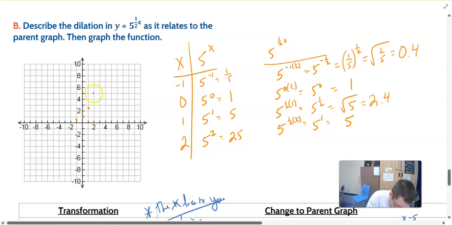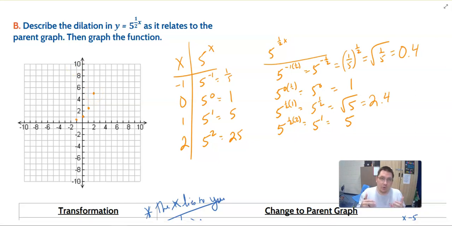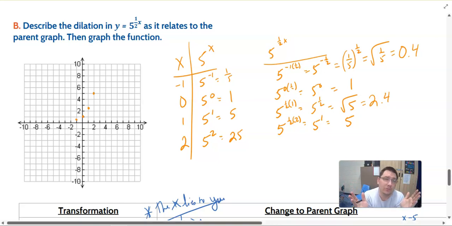And so what's actually happening, and we don't see it with the original function, but this is actually a horizontal dilation. We're actually taking values and squashing them this way, because what's happening, or actually in this case, we're actually expanding out because the value is smaller than 1. It's actually an expansion.